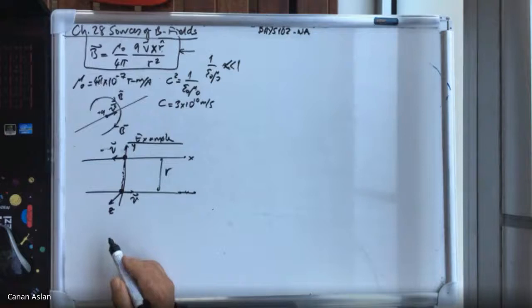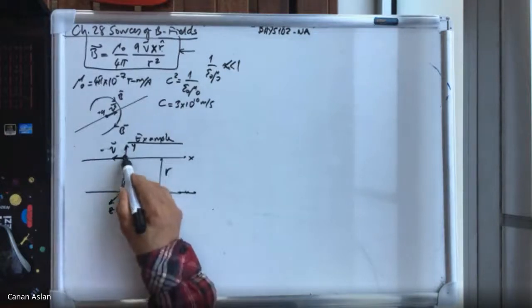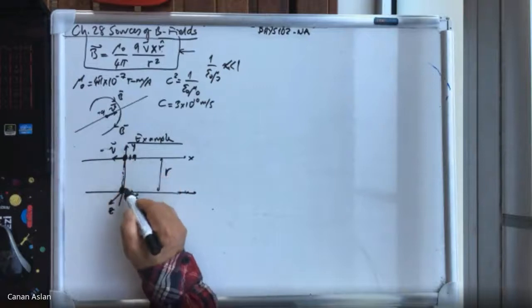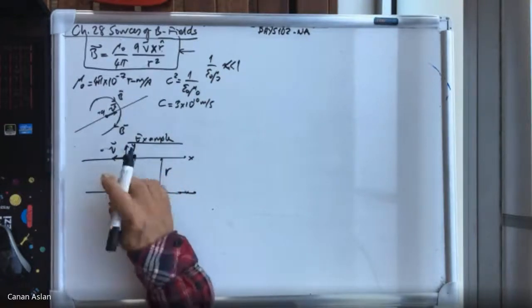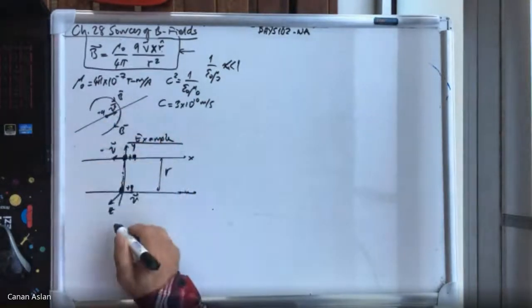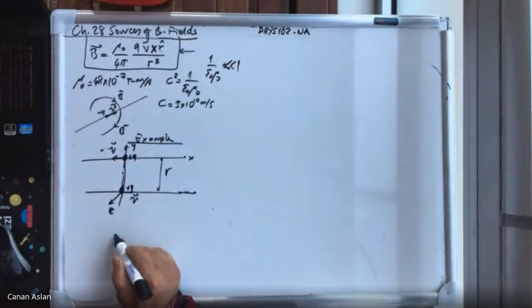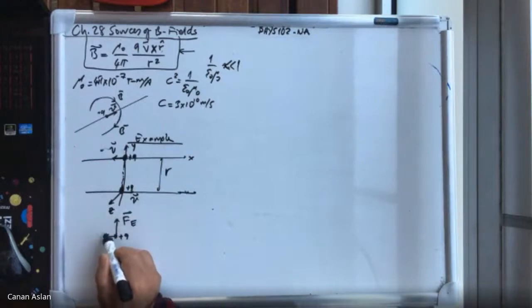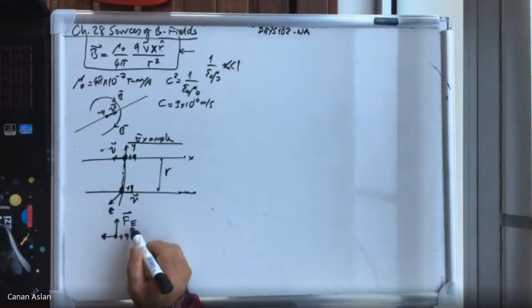Anyway, because these 2 charges are positive, plus q and plus q, they will repel each other, so that electric force will be in the upper direction. So let's look at that. F electric, for this plus charge moving to the left, will be in the y direction.